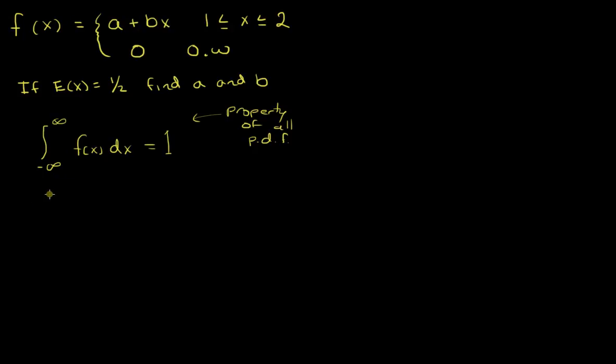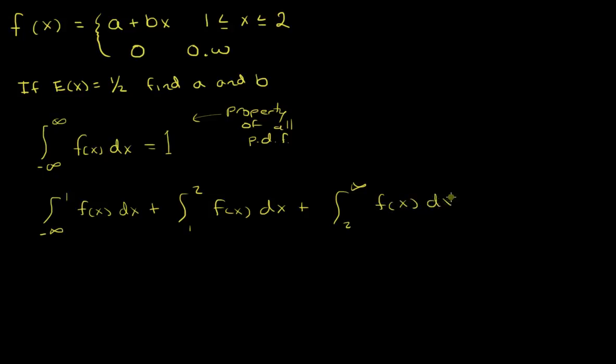Otherwise, it's just 0. So I could have written this as the integral from negative infinity to 1 of f of x dx, plus 1 to 2 of f of x dx, plus 2 to infinity of f of x dx.